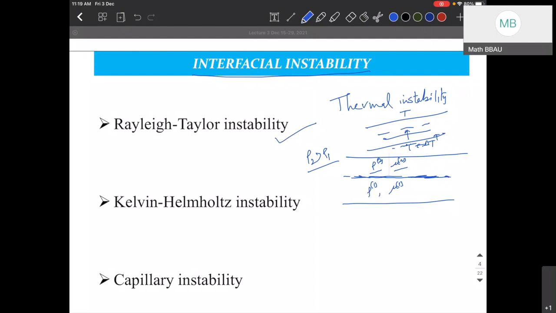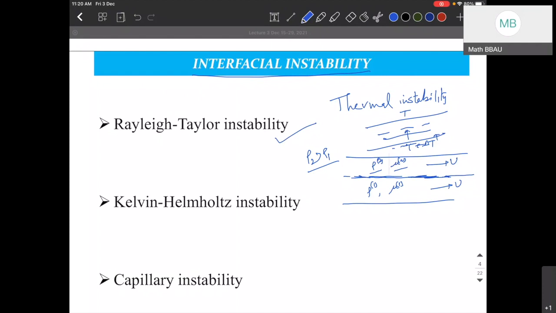In case of Rayleigh-Taylor instability, the fluids are at rest or they are moving with the same velocity, meaning the interface will not experience a relative velocity, and the arrangement must be top heavy, so that the interface will be unstable, and this instability is known as Rayleigh-Taylor instability.